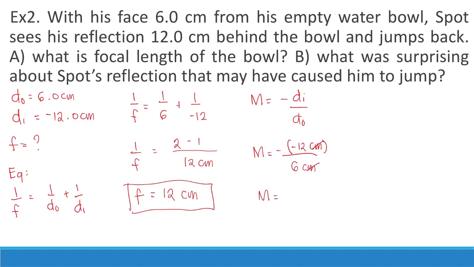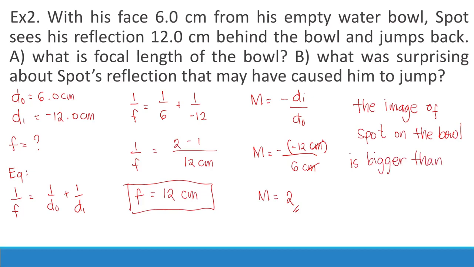So the magnification is equal to 2. Means that the image of Spot on the bowl is bigger than his face. That's why the dog jumps off.